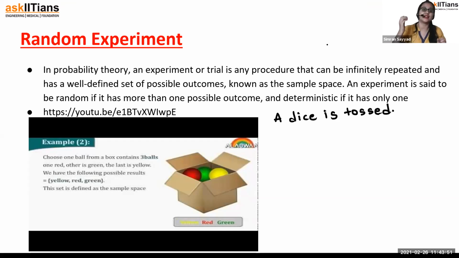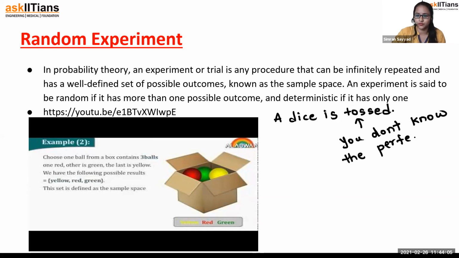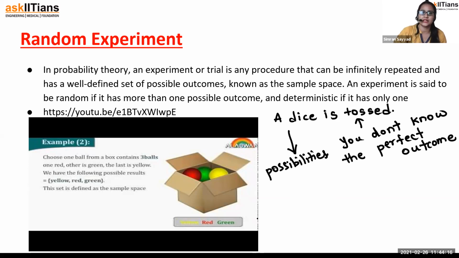So a dice is tossed. This is nothing but an experiment. Why is this a random experiment? Because you don't know the perfect outcome, the actual outcome. You only know that there can be possibilities. What can the possibilities be? It can be 1 or 2 or 3 or 4 or 5 or 6.